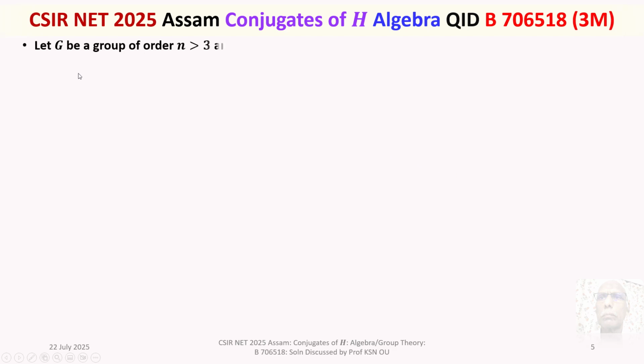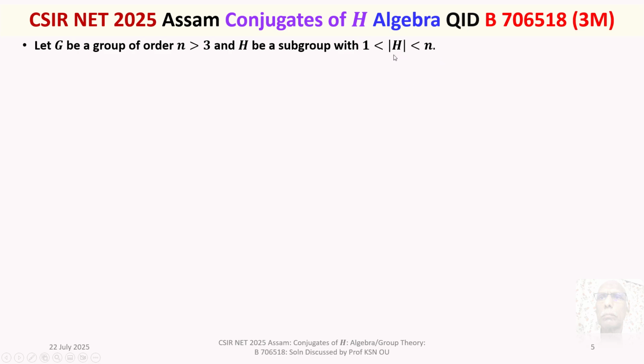Right. The given question is, let G be a group of order n greater than 3 and H be a subgroup with 1 less than the order of H less than n.